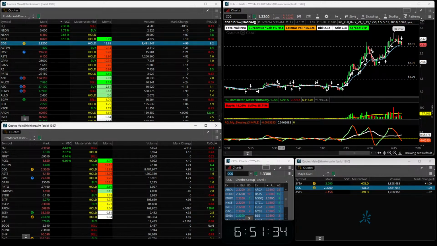Not seeing any volume spikes at the moment. We are retesting that 230 again. We need to stay above it on CCG.